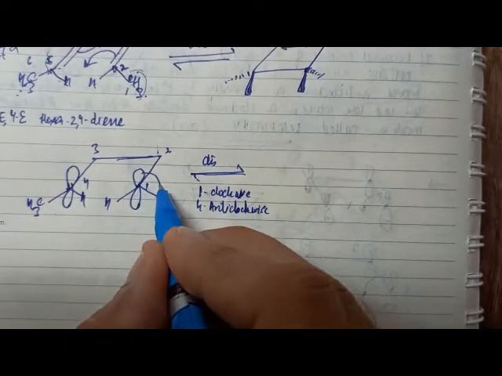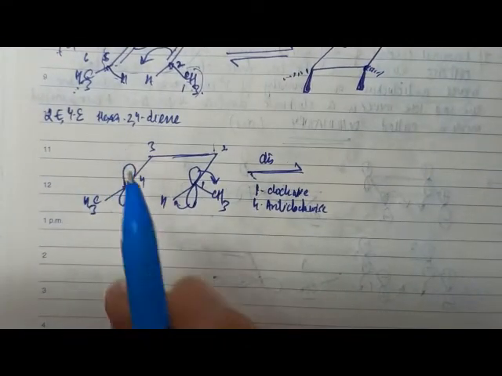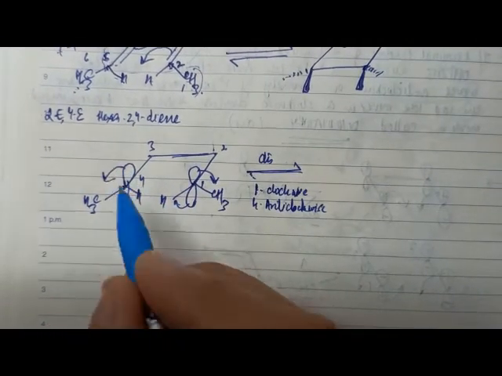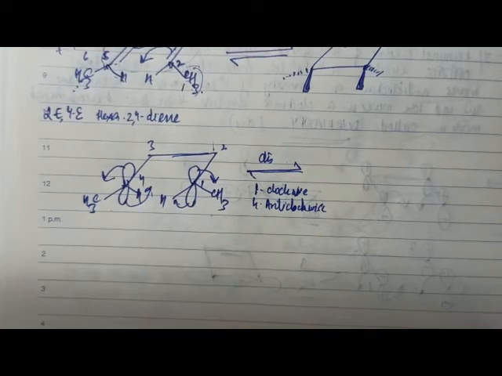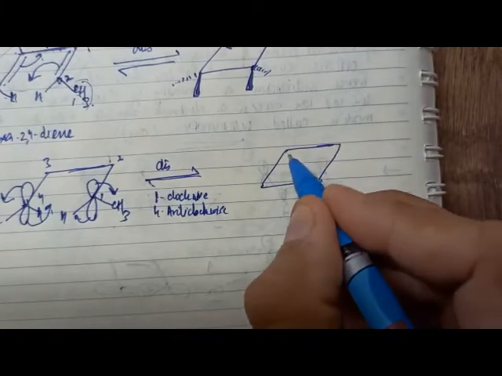Clockwise means like this, and the fourth lobe is moving anti-clockwise. That means like this, right? This is the mode of closure. Once this moves, we'll have this kind of a cyclobutene formation.